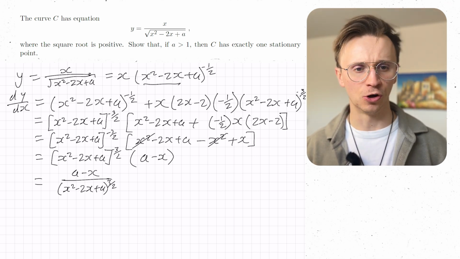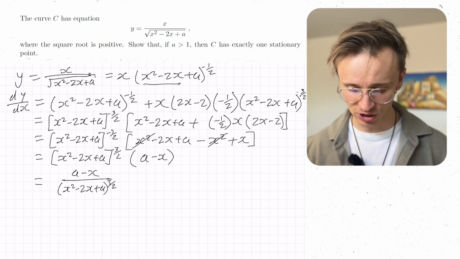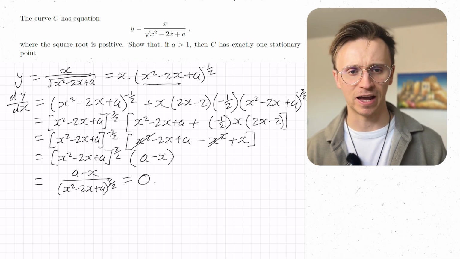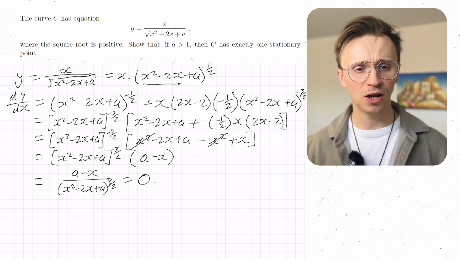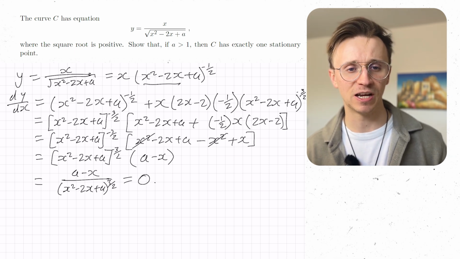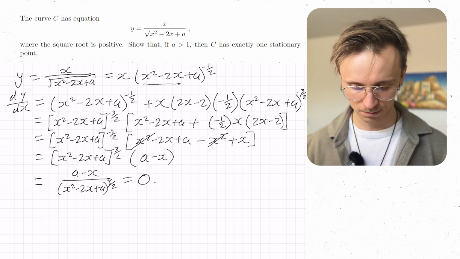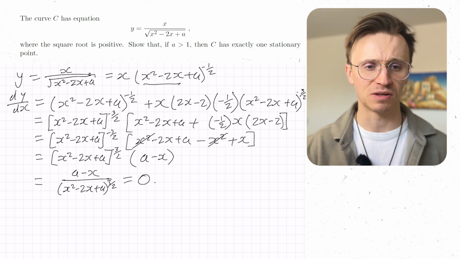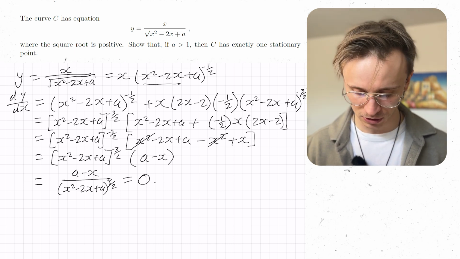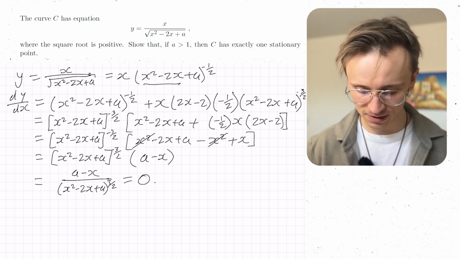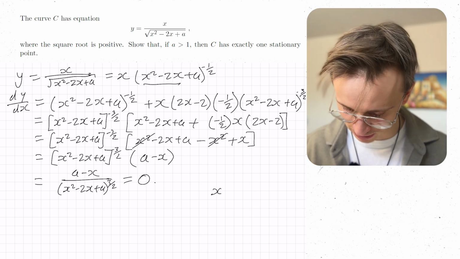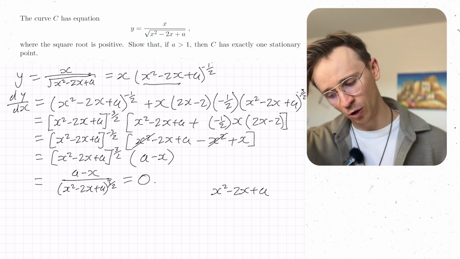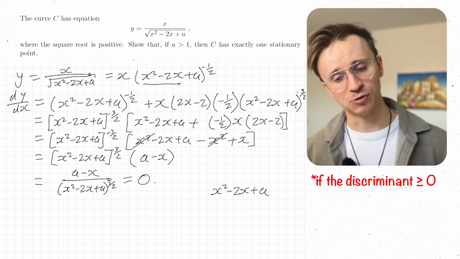Okay, so if I'm looking for a stationary point, I want this to be equal to 0. But I need to be slightly careful here. If the denominator was 0 at the same time as the numerator was 0, I might not get a stationary point. But they've told me an interesting fact: a must be greater than 1 here. So the value on the bottom, x squared minus 2x plus a, can only be 0 if the discriminant is not negative.